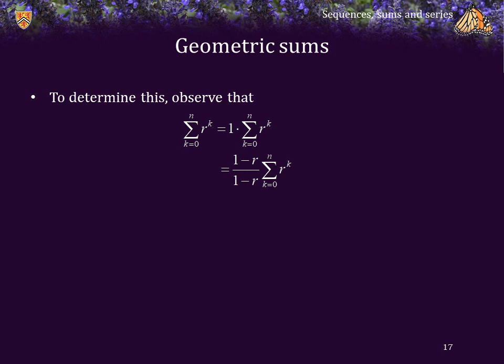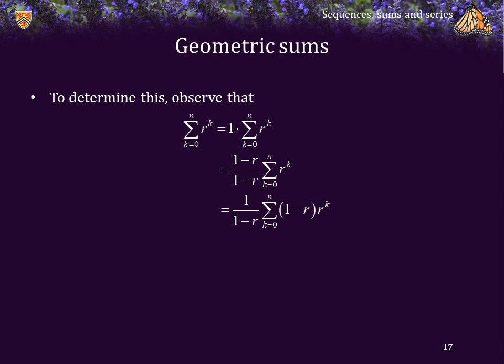Therefore, if we have a sum where the sum is multiplied by a scalar, say 1 minus r, that's the same as if we had the sum where each term was multiplied by that same scalar, specifically 1 minus r. So these two sums are equal.